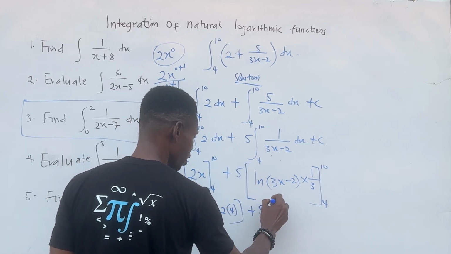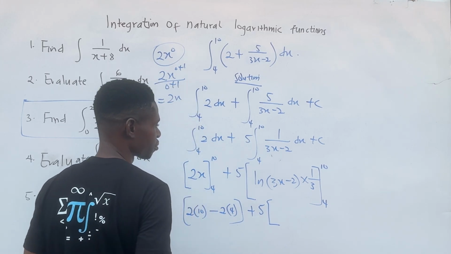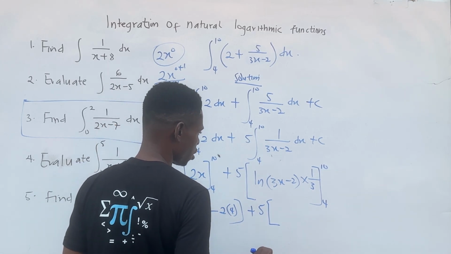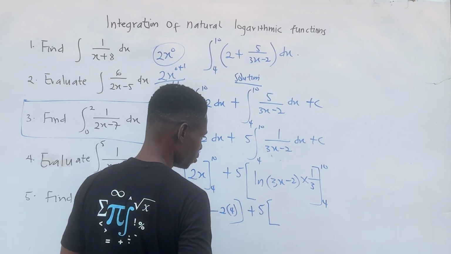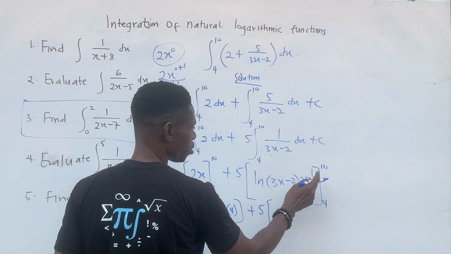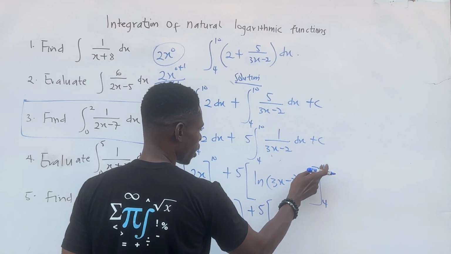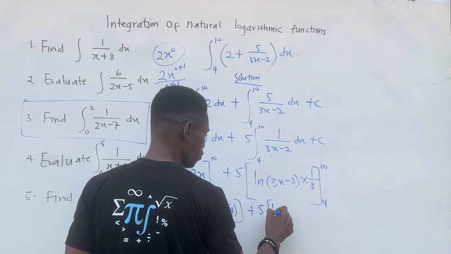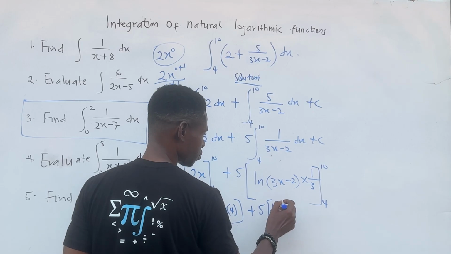Now we have our 5 out there. Let's leave the 5. Okay, so let's replace our x with 10. So we'll have 1 over 3, this 1 over 3 now.